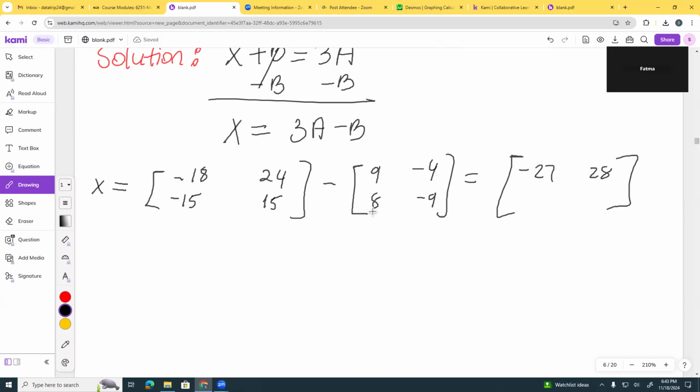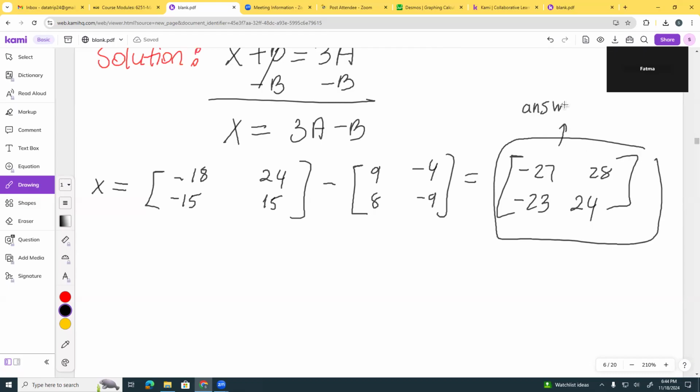Negative 15 minus 8. Negative 23. And 15 minus 9 is, 2 negatives, they always create a plus. 15 plus 9 is 24. This will be the expected answer on the test for X. This is what you need to find on the answer choices, and you will pick this answer for me for number 9.